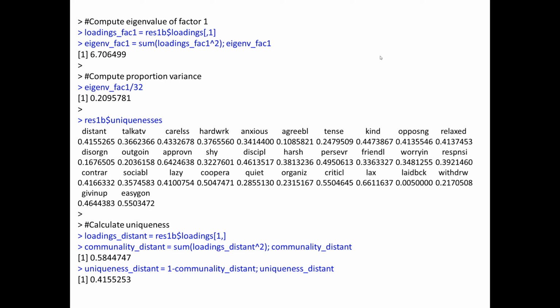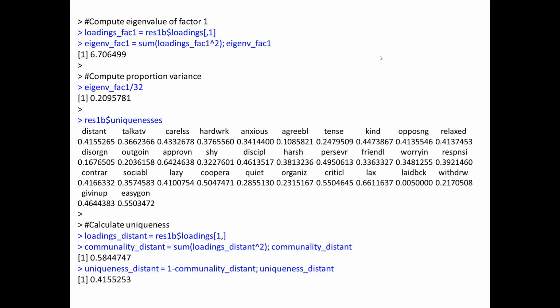Remember that uniqueness, the term, is equal to 1 minus communality, where communality is the SS factor loadings for all factors for a given variable. If all factors jointly explain a large percentage of the variance in a given variable, then that variable has high communality and correspondingly low uniqueness.